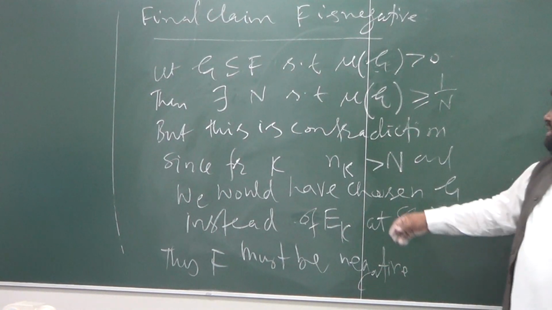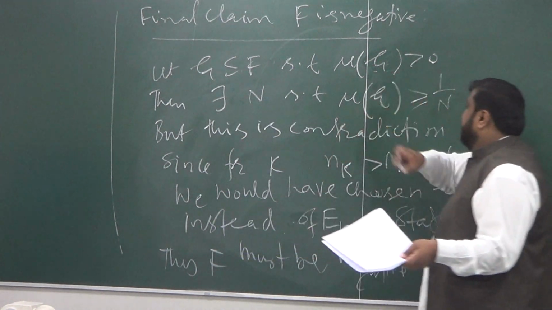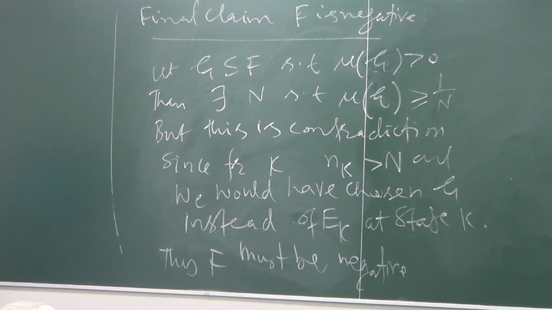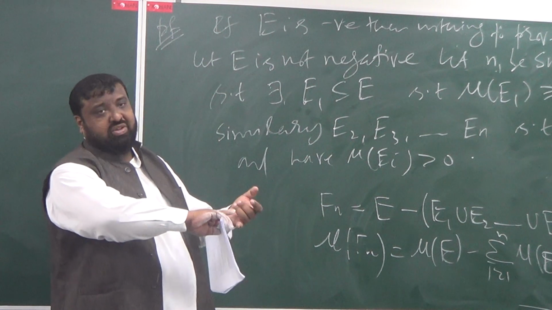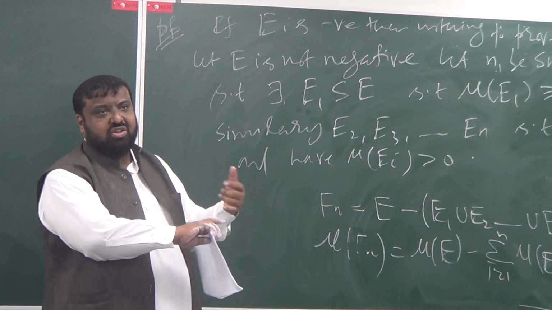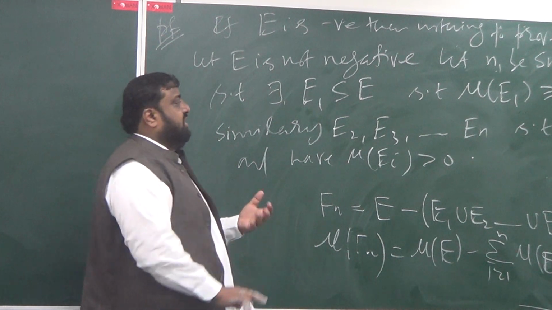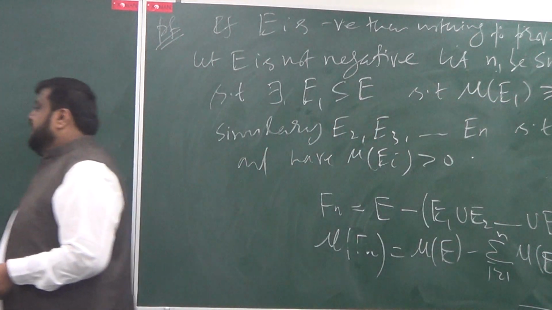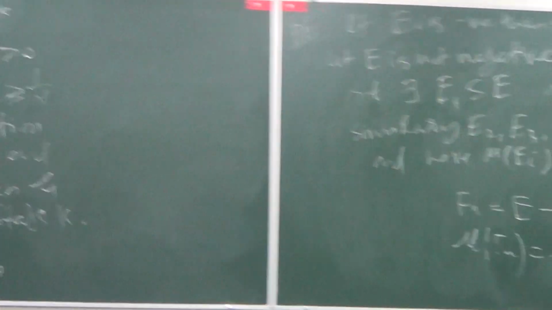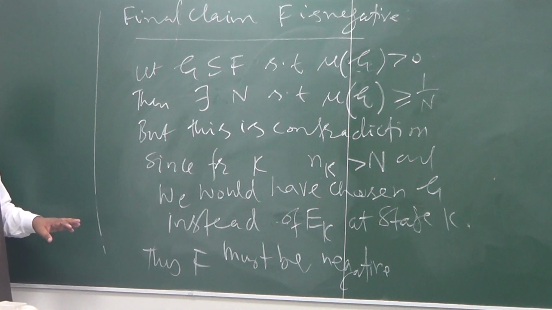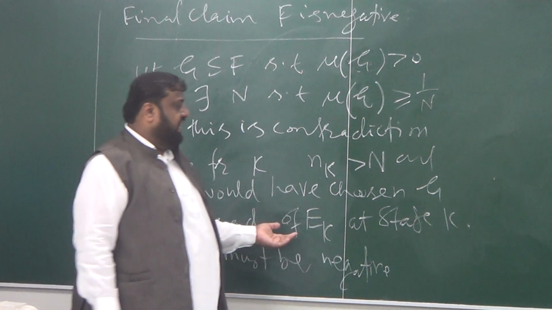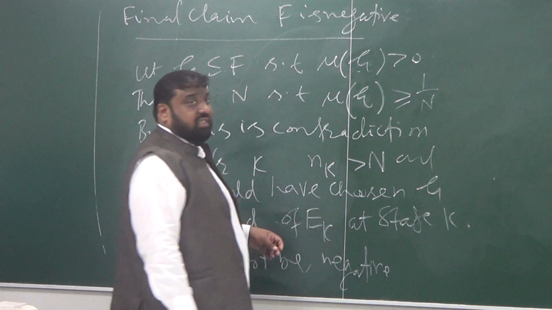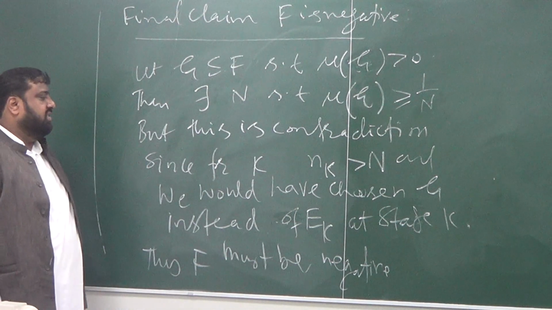This means I can find a capital N such that mu of G is bigger than or equal to 1 over N. But since this N is fixed and you have this bunch of numbers N1, N2, N3, N4, in other words sets E1, E2, E3 and so on, with corresponding numbers such that the measure of Ek is bigger than or equal to 1 over Nk, for some k, Nk must be bigger than N. And then we must have chosen G instead of Ek at stage k, so that we can remove it from the given set.